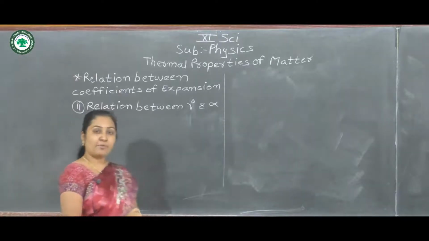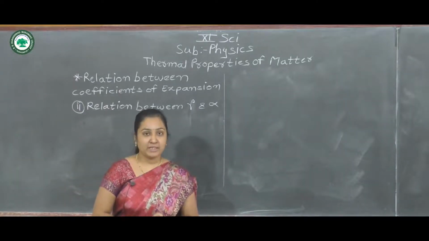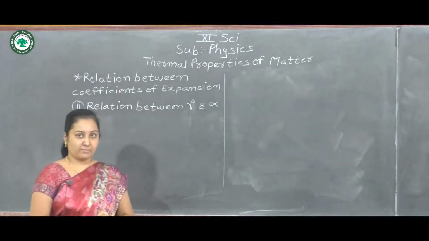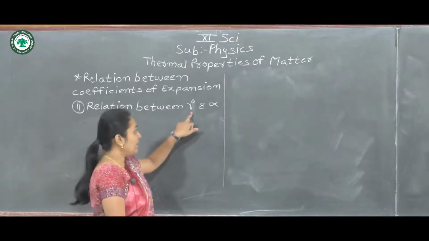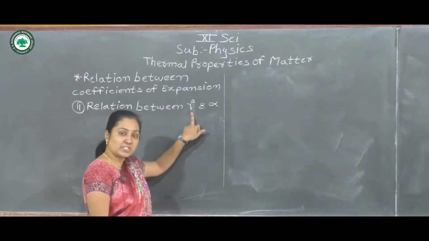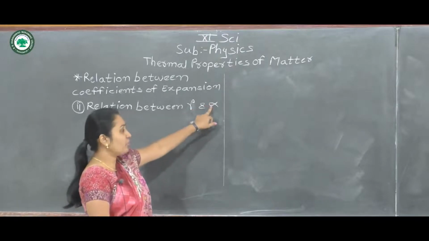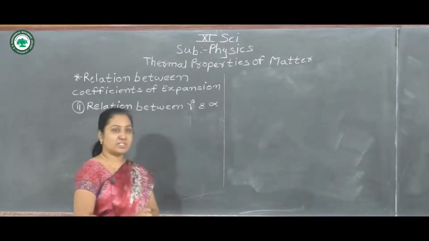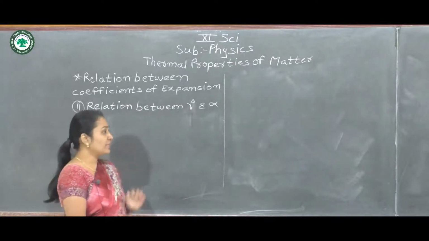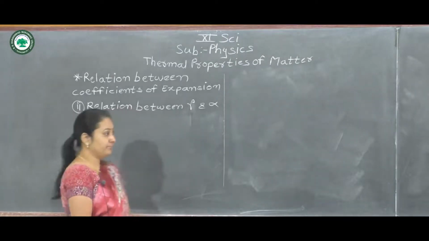So now the second point is the relation between gamma and alpha. To find the relation between the coefficient of volume expansion and the coefficient of linear expansion, we will consider a cube.